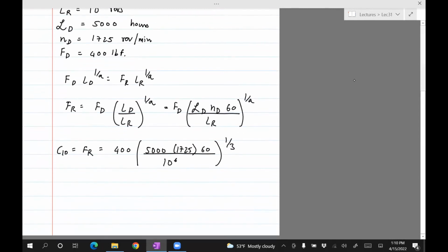Subbing in the values, we have C10 equals F_R equals 3,211.4 pound force, and that's the answer.